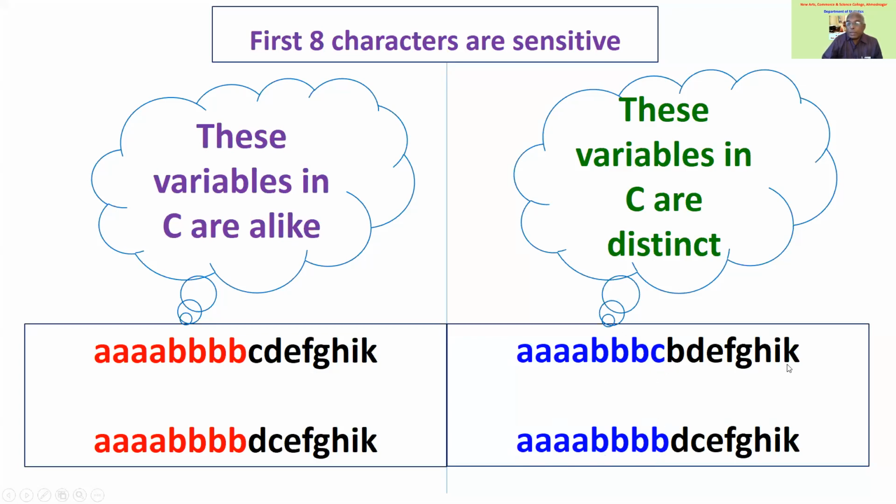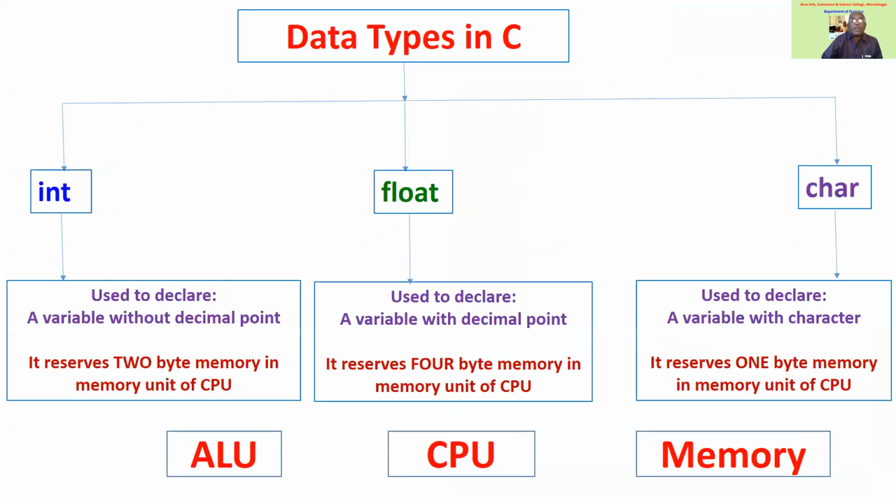Whatever may be after, the 8th character is different, and that is why C will treat these two as distinct variables. So the first 8 characters will decide whether two variables are same or different. I think you have understood the meaning of this.